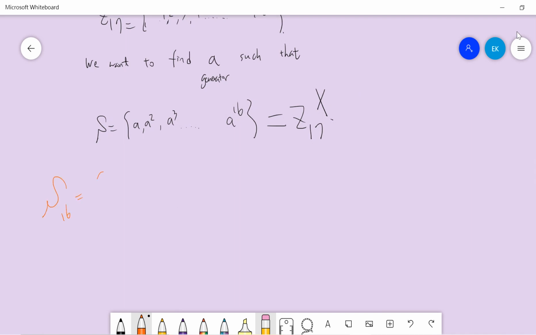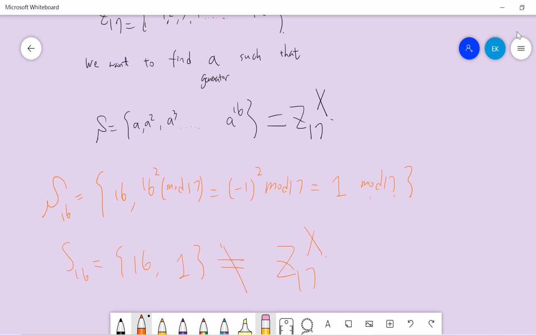If you do 16 squared modulo 17, this is the same as minus 1 squared modulo 17, so it's 1 modulo 17. So the set of 16 only contains 16 and 1. It's game over, because 1 squared is still 1. So 16 is not a generator.